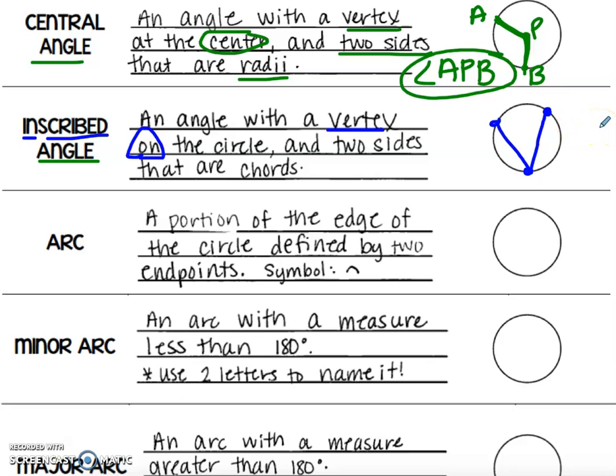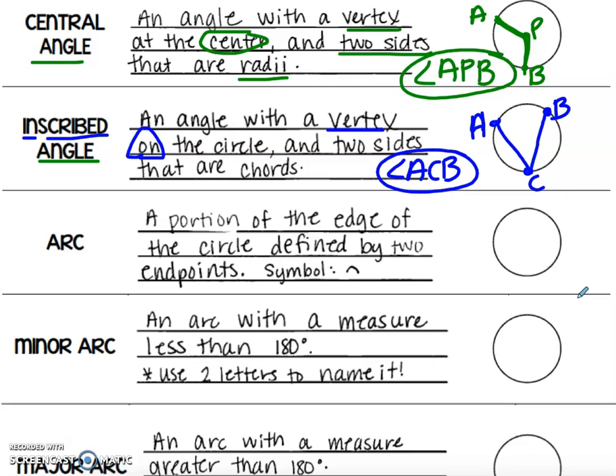So let me give you three more letters. We'll go ACB. So if I want to name an angle, I need three letters with the vertex in the middle. So angle ACB would be a correct way to name that inscribed angle. So two options. It's either going to be at the center or on the circle, and that's how you can distinguish between the two.